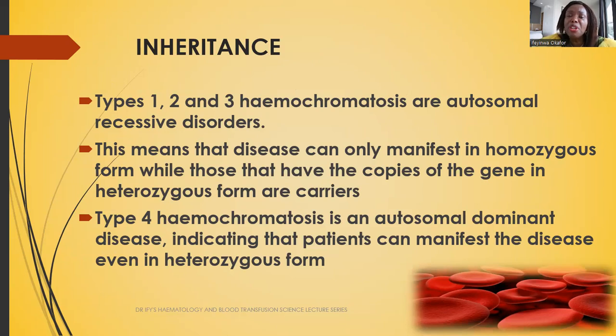Type 1, type 2, and type 3 hemochromatosis are autosomal recessive disorders. This means that the disease can only manifest in homozygous form, while those individuals who inherit it in heterozygous form are called carriers.